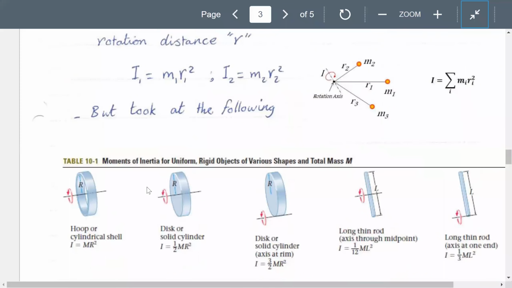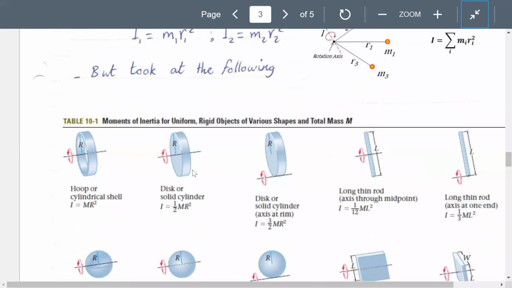It is the same as the point mass. For a disk, which is a solid hoop or closed hoop, it is 1/2 mr squared. You can see mr squared always exists, but we have a different factor for each shape. This is the same disk, but rotating about an axis passing from its edge. It is 3/2 mr squared, not just 1/2.